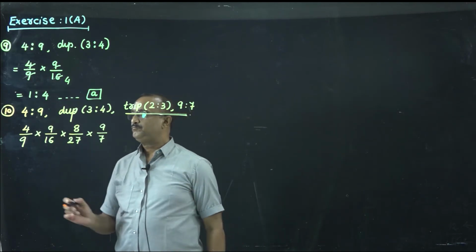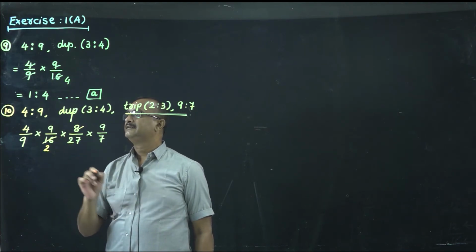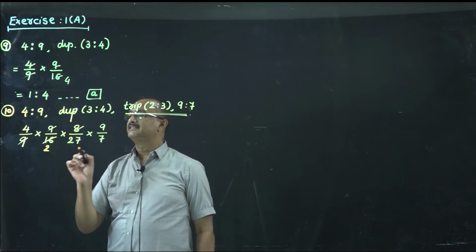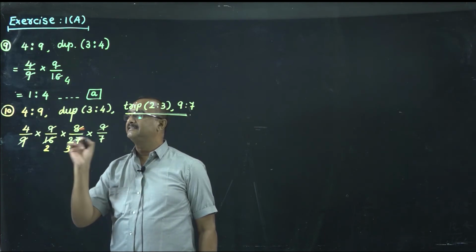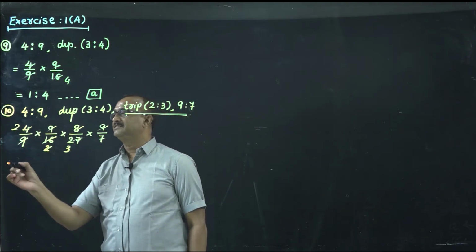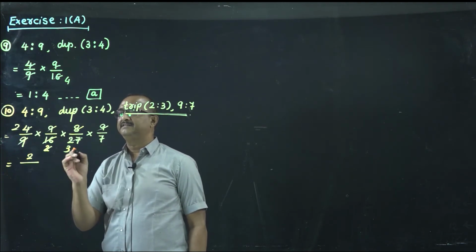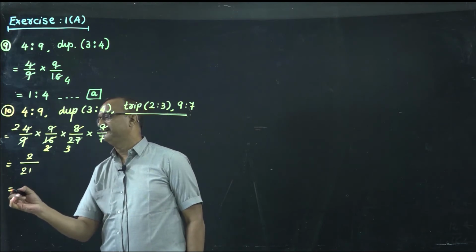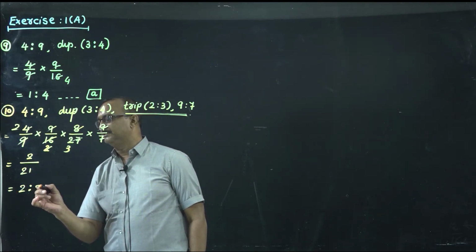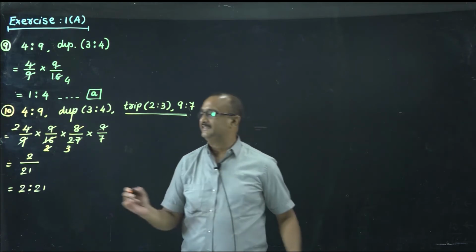So 8 2s are 16, 9 9 cancel, 9 3s are 27, 2 2s are 4. Our answer is 2 by 7 3s are 21, which equals 2 is to 21, and the correct option is C.